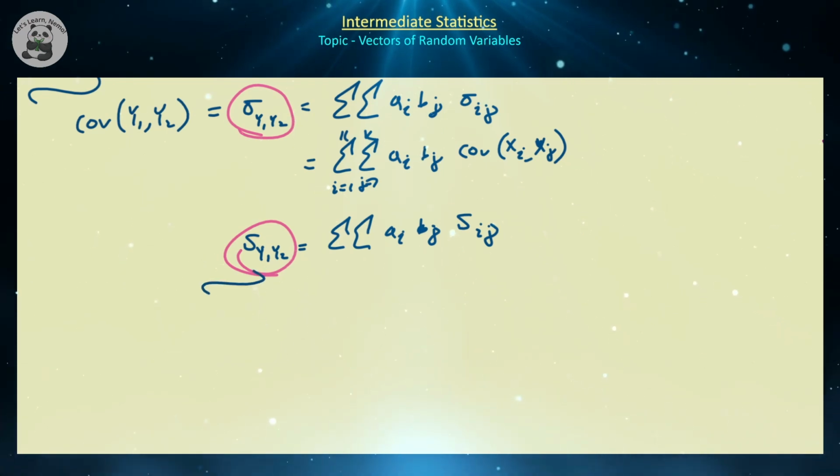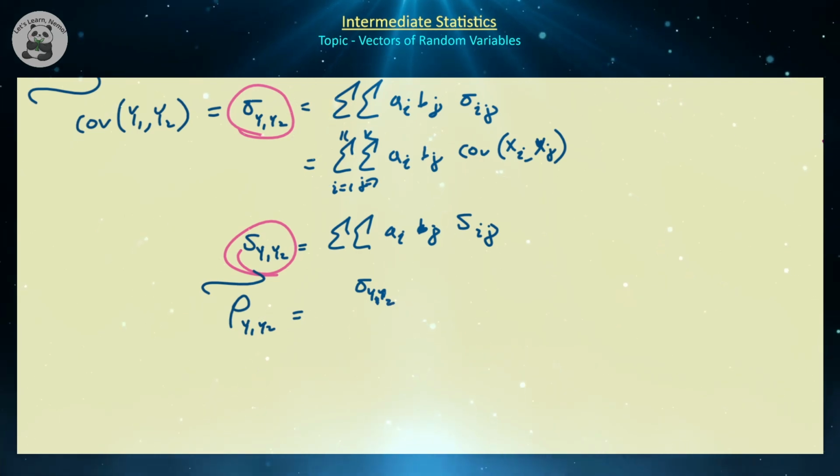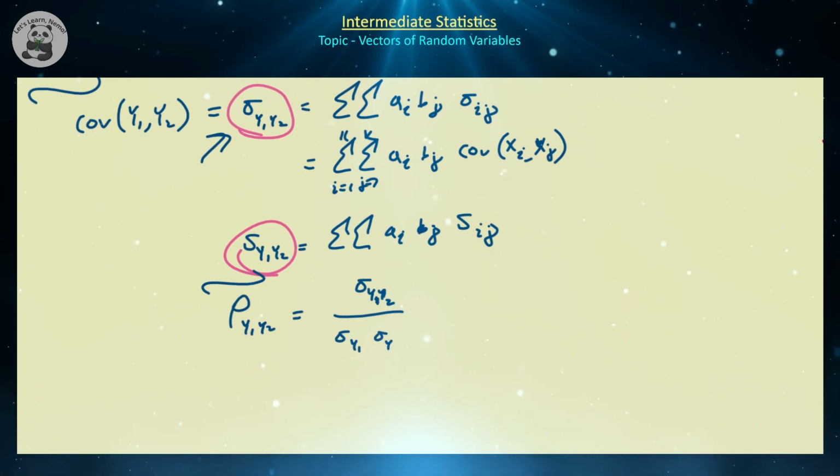And you can also consider, for example, the correlation between these linear combinations. So for example, as revenue increases linearly, does cost increase linearly or decrease linearly, or does it increase in some other nonlinear form? I don't know. But the correlation coefficient can at least answer the linear correlation question. So we can consider rho y1, y2, which is just going to be equal to sigma y1, y2, defined up here, divided by sigma y1 times sigma y2.